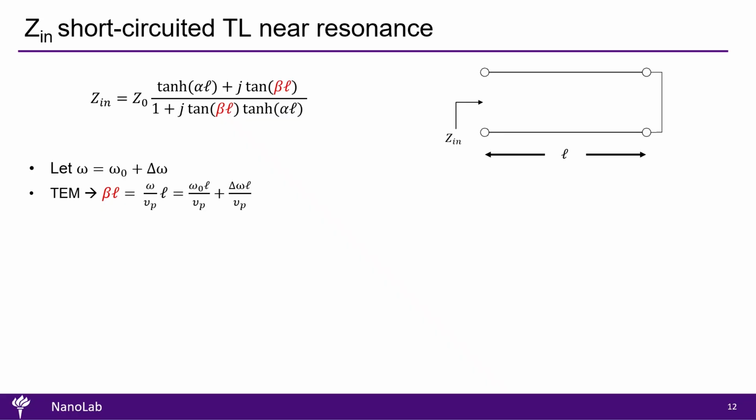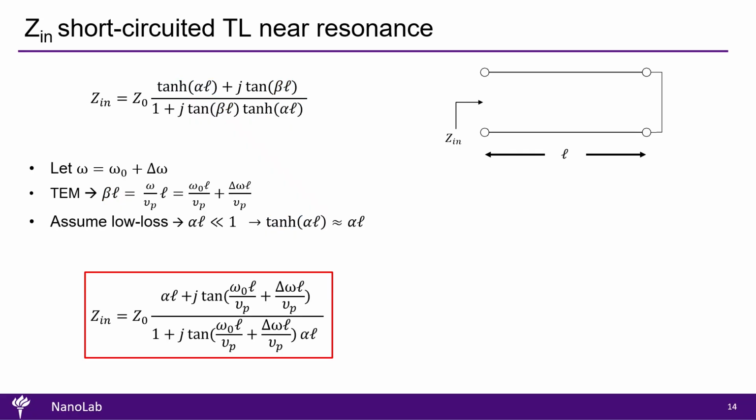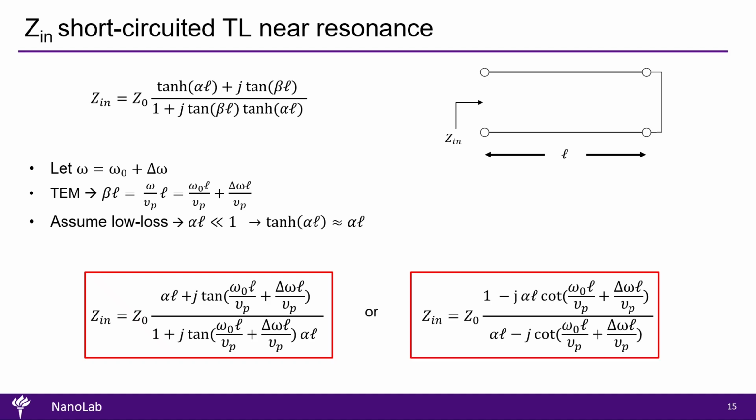We will also assume a low-loss transmission line, which means that alpha times L is much smaller than 1, so the hyperbolic tangent of alpha L can be approximated by alpha L. Under these conditions, the input impedance of the short-circuited line simplifies to the form shown in the red rectangle. On the right-hand side, we also show the equivalent expression using the cotangent. We will now use these simplified expressions to derive the input impedance for both the short-circuited half-wavelength resonator and the quarter-wavelength resonator.